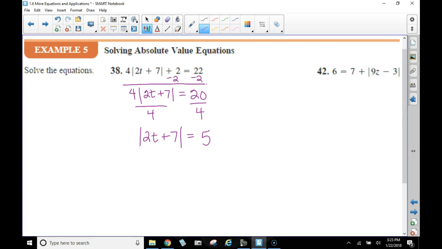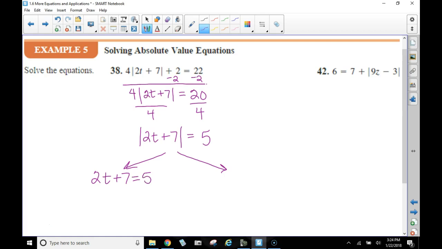Now, using number 1 in the table above, in Table 1.2, this is one of those where we're going to split this apart into two different equations. One of the scenarios that would check for values of t is if the stuff, 2t plus 7, would take on a value of 5. And so we're going to solve 2t plus 7 equals 5.